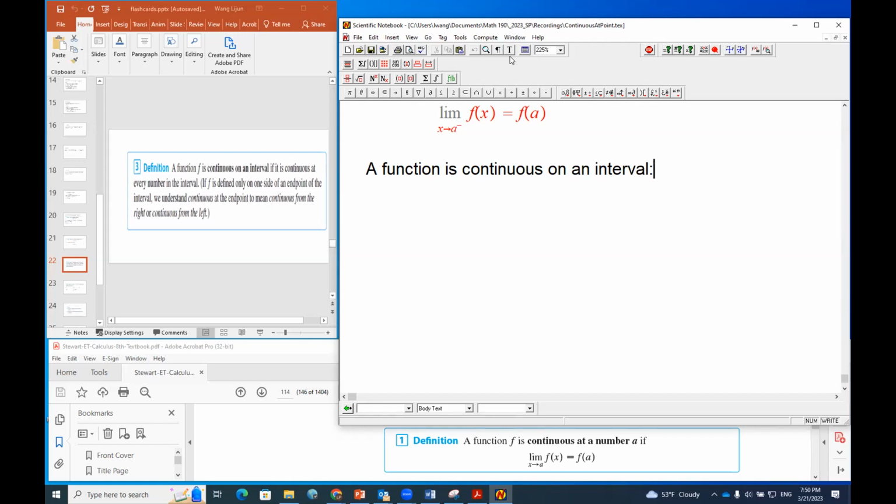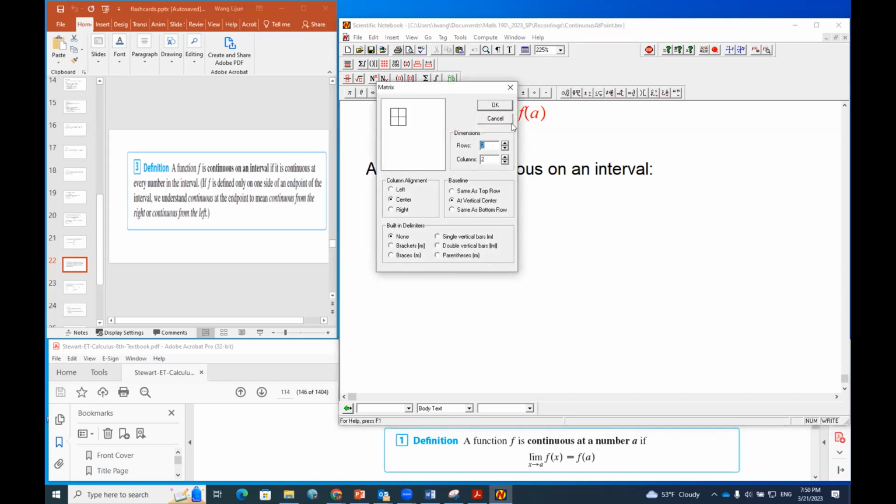Well, in this case, we have multiple cases. Okay, so the first case, I'm going to make some columns.